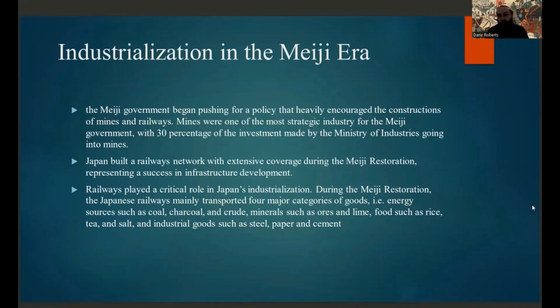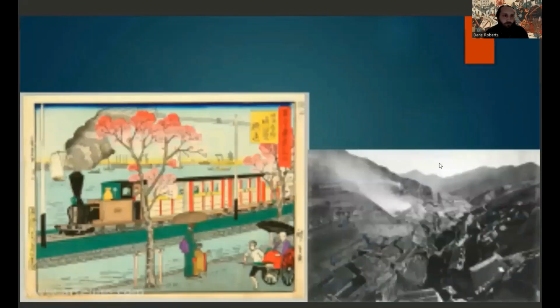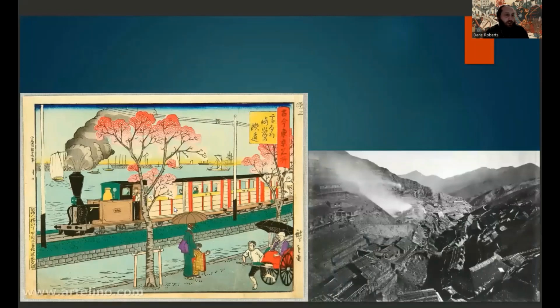With railways mainly transporting during this time period major goods such as energy resources such as coal, charcoal, and crude minerals such as ore and lime, food such as rice, tea and salt, and industrial goods such as steel, paper, and cement. And here's one of the railways here, and here is one of the mines.